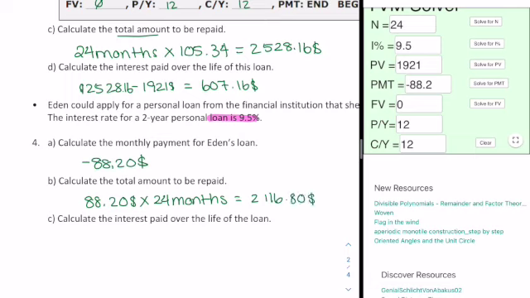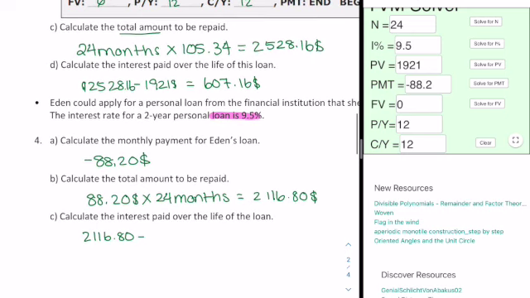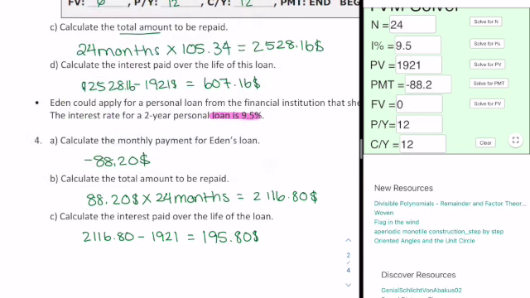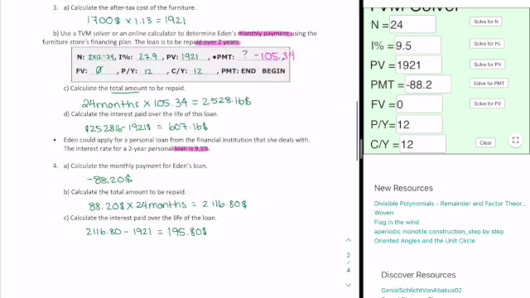We have the same initial value, but a different amount paid. So it's basically the same type of calculation as D up here. So you can see the difference, 607 versus 195.